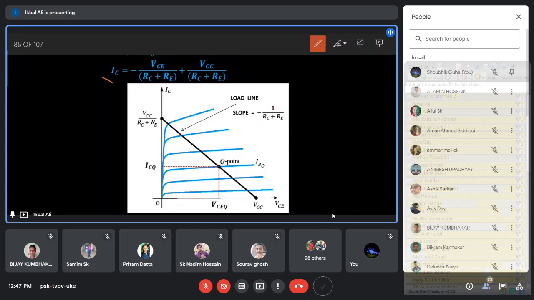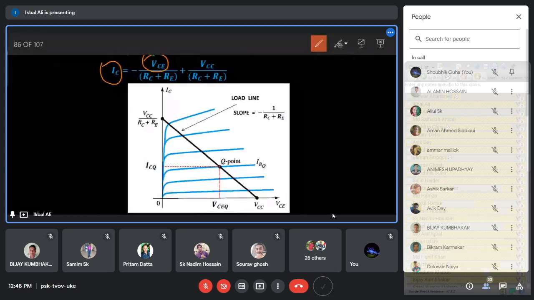Now this equation gives you IC, the unknown quantity on the output side of the transistor. Another unknown quantity is VCE, the collector-emitter voltage. Apart from these two quantities, all the other quantities are known.